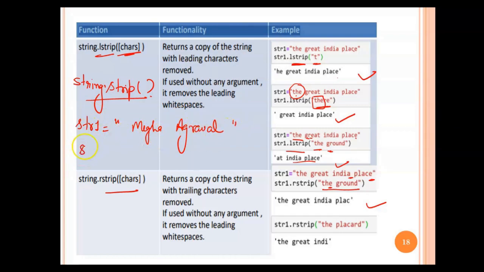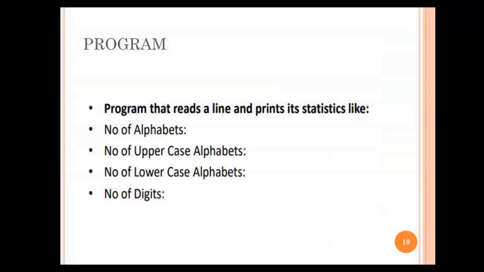When you write str1 dot strip, the output would be Megha Agarwal. There is no space on the left hand side and no space on the right hand side, because strip removes both the leading and the trailing spaces. So I hope you are clear with this.